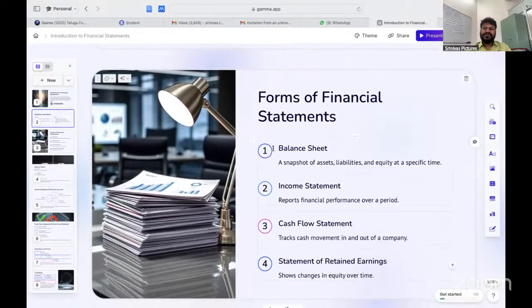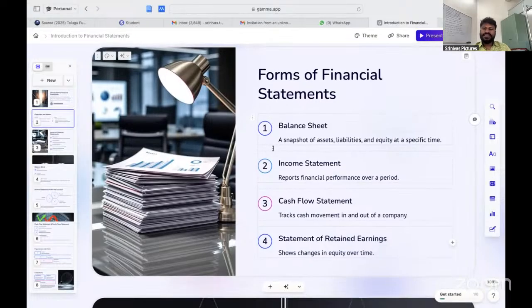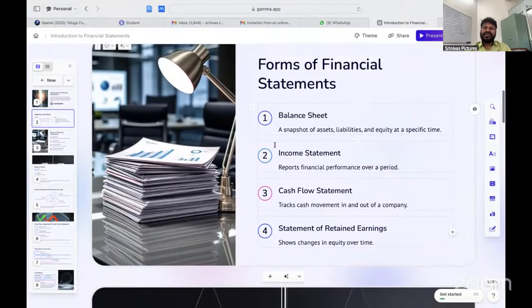And next one, what is the form of financial statements? Generally, some of the important financial statements are given here. But before that, I will explain all the financial statements. First of all, balance sheet, income statement, cash flow statement, statement of retained earnings, and funds flow statement.